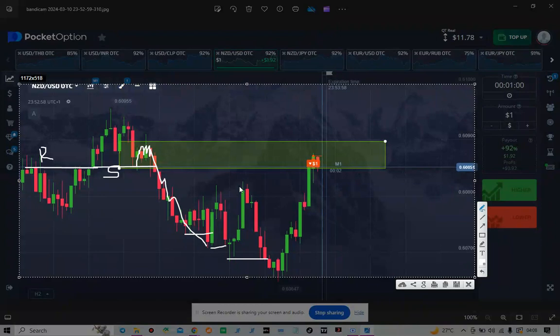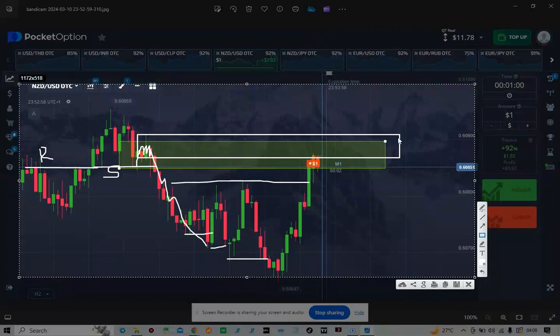Then we also have liquidity around this area. So the market has to look for a base, as in supply and demand. But in this case, it's a supply zone or supply base. The base is located here, and I extend it to the right side. My expectation is to wait for the price to close inside the zone.